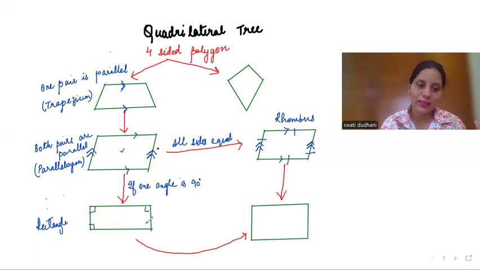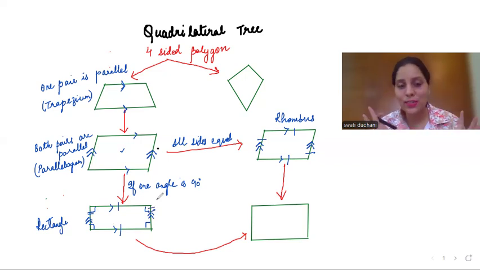In the rectangle, we know that opposite sides are equal and parallel. Also, opposite sides are equal to each other. These are very basic properties that we have learned from grade 7th.